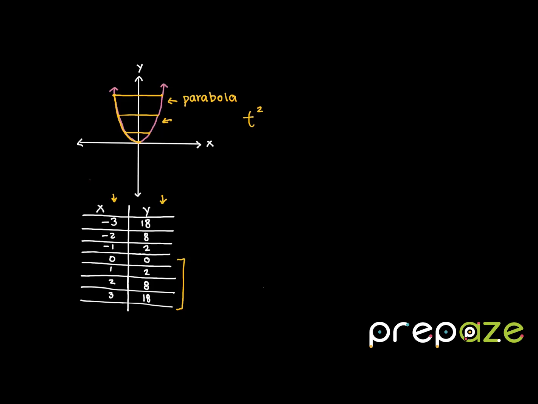Now, if we look at this center point right here, where both the left side and the right side of our parabola meet, we see this point 0, 0. This is called the vertex of our parabola. The vertex distinguishes between the two separate sides of our graph.